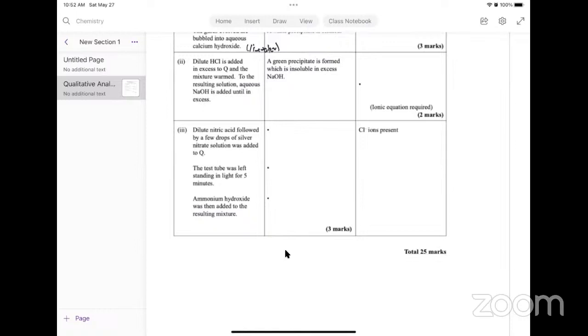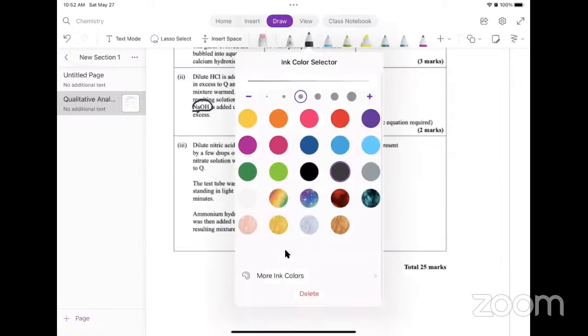So to get it into the aqueous state, we just dissolved it in acid. So that's why the HCl is there, to dissolve it. But what's important is the sodium hydroxide we're adding until excess. So that's what we're going to focus on, the sodium hydroxide.